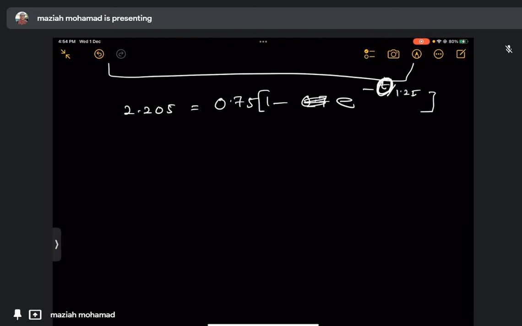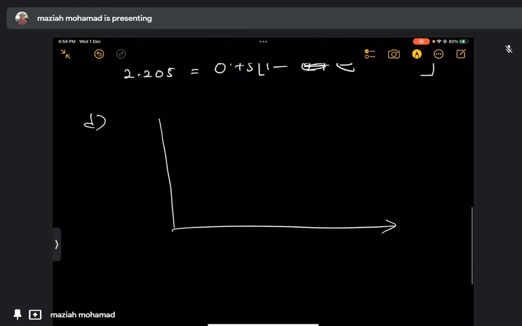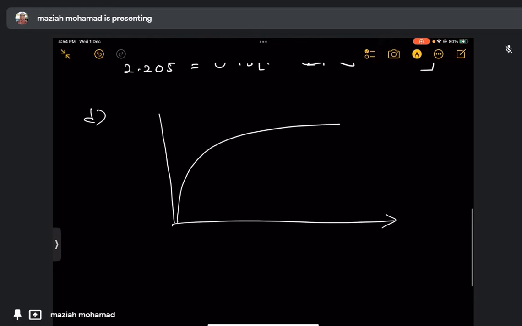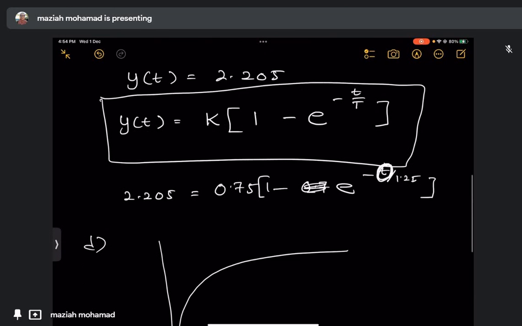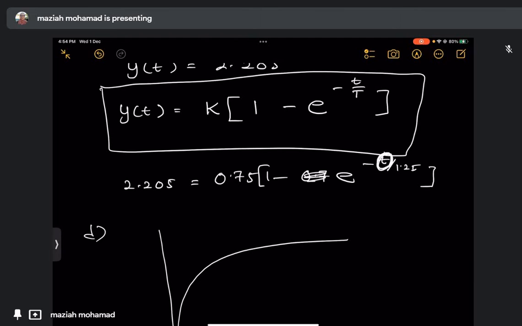Okay, last one, D. Doktor, yes. Untuk yang C tu, nanti kita dapat log negative something, so error. Log negative something. Mana ada log negative something?